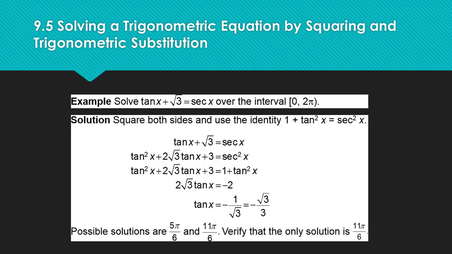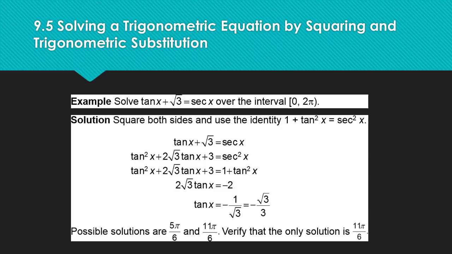So notice that what we can then do is subtract the tangent squared of x from both sides. We could subtract the 3 from both sides, so we get 2 square root of 3 tangent x equals negative 2. Dividing, we get tangent of x is negative 1 over the square root of 3, or negative square root of 3 over 3. And thinking about our unit circle or about our special triangles, we know that when it's over 3, that indicates that it's going to be something over 6.